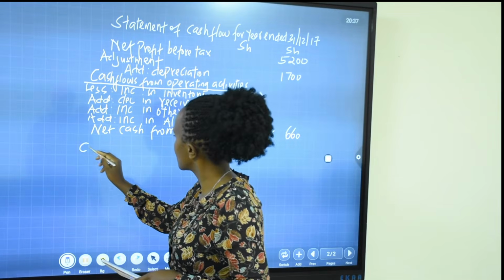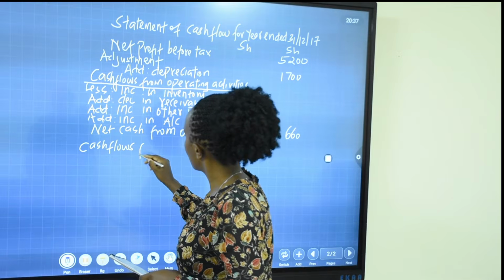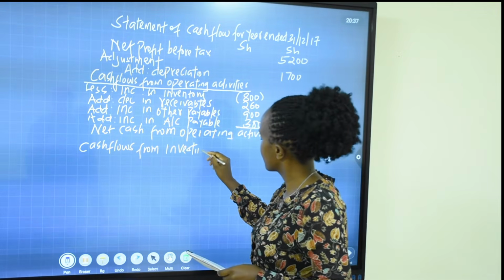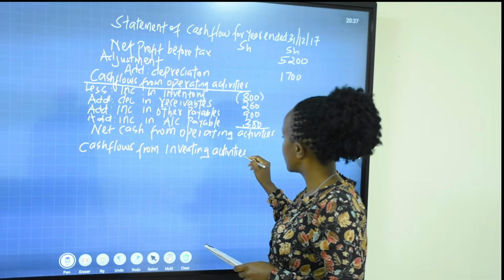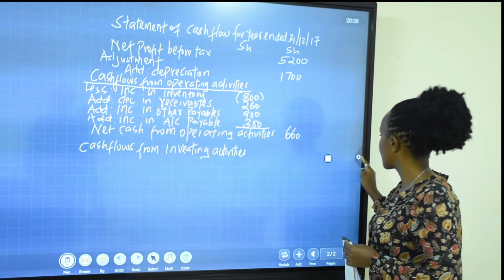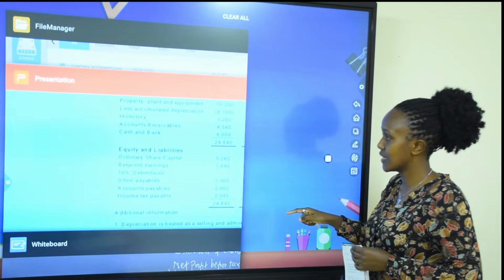So we have cash flow from investing activities. And we said in video 1 that investing activities are activities that affect non-current assets, or fixed assets.